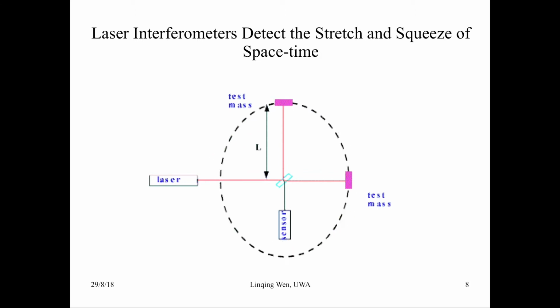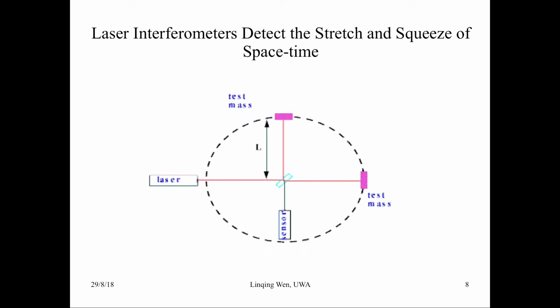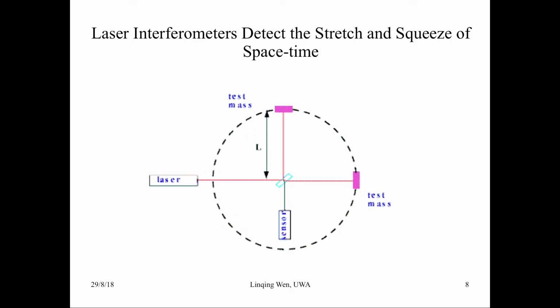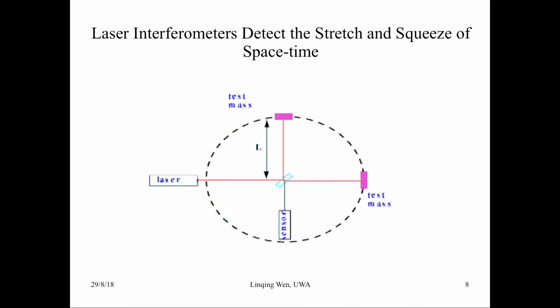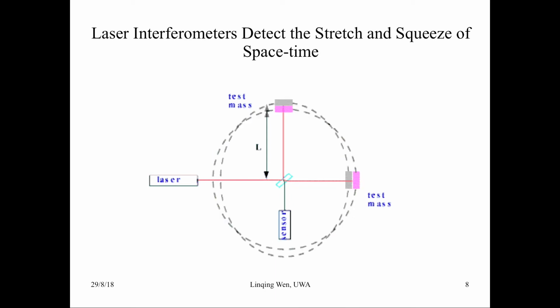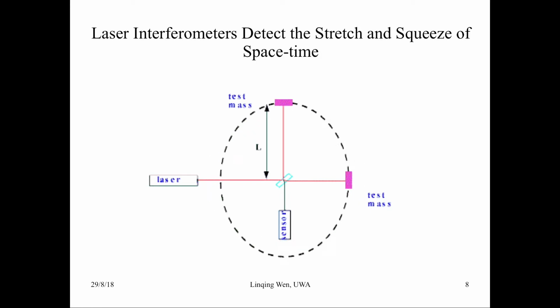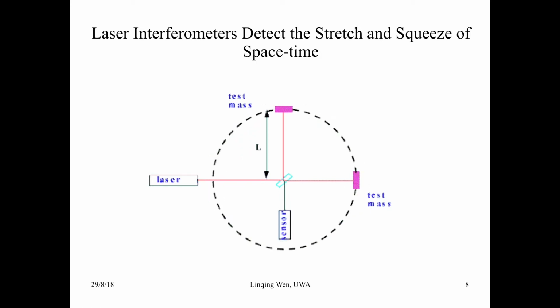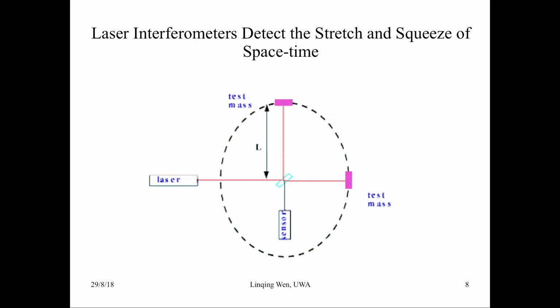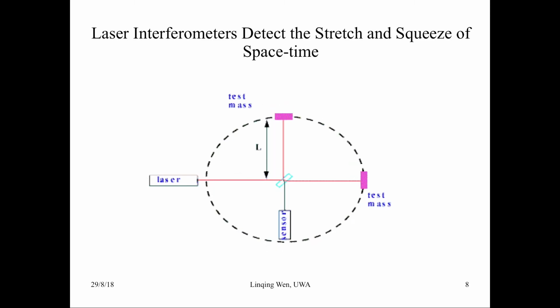Part of the light will be reflected here, and reflected back from a mirror to the sensor. The other part will go through, reflect back here and come here. If a gravitational wave is there, it causes a phase difference in the two laser beams coming back. You'll see fringes. So what you detect is the intensity change caused by gravitational waves.